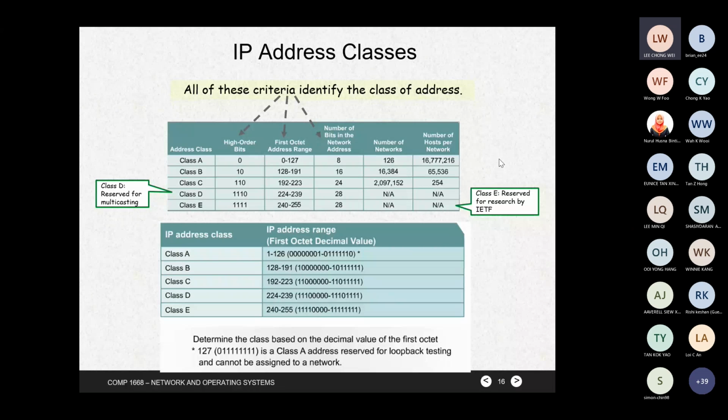That's more than enough. There is no known network in this world today having 16 million hosts. Those were the days. Today, even Google, which is the most active ISP or service provider, might have hundreds or thousands of hosts.